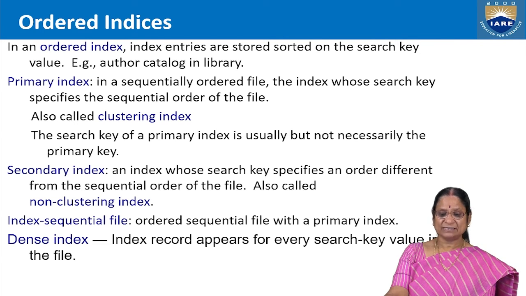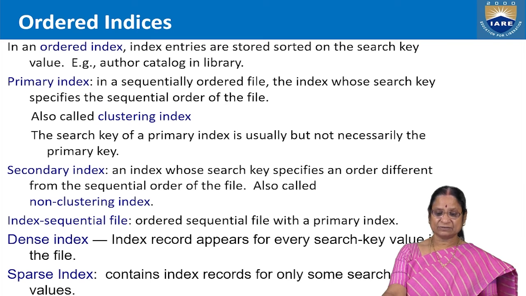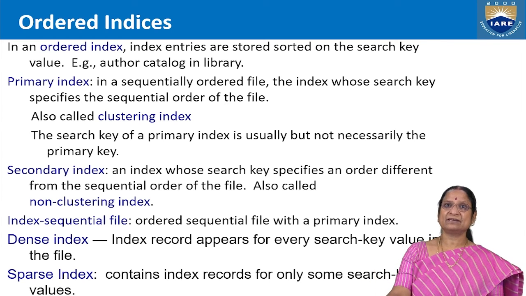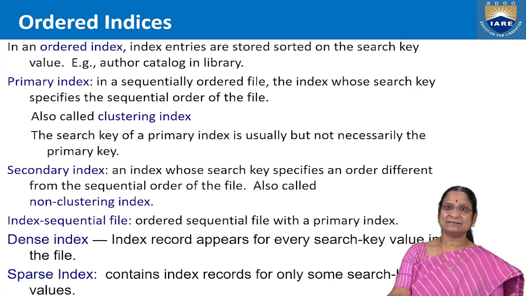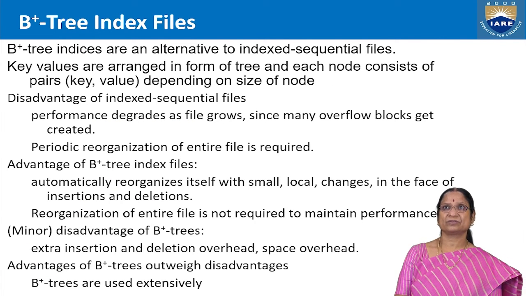Ordered sequential files with a primary index are known as indexed sequential files. Dense index means there is one index record for each physical record. Sparse index means one index record for a group of physical records.